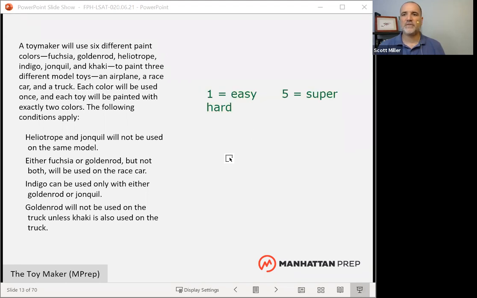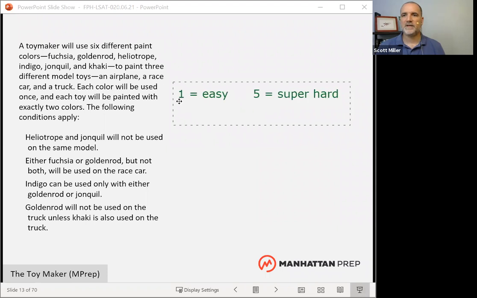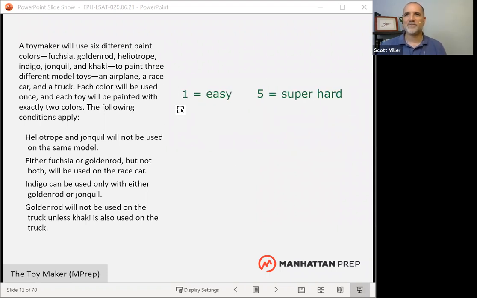Go ahead and put that in the chat window if you would. Okay, getting some 3s. So 1 is easy, 5 is super hard. You want to change your vote because I didn't make that clear. Go ahead. Okay. Got some easy, got some medium. Nobody's finding it super hard. Great.